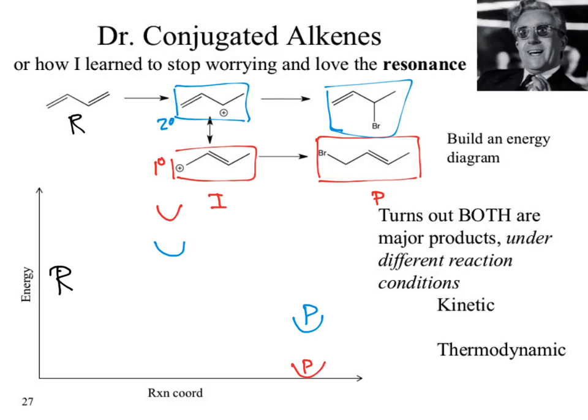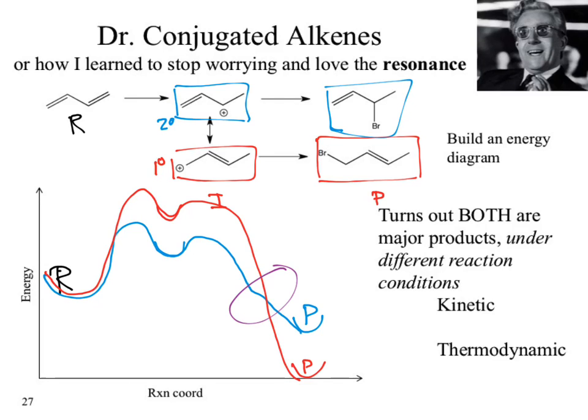If we draw out our energy diagram, sorry for the other bump in there, we see a crossover point. That crossover point is what's allowing us to recognize that we do have this issue of thermodynamic versus kinetic. Okay?